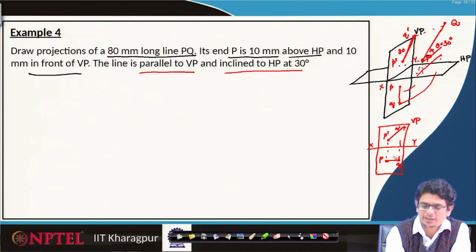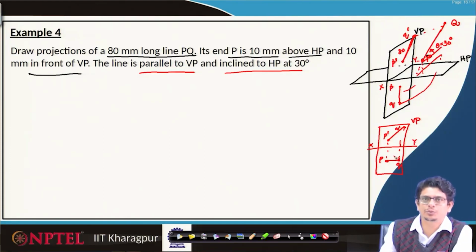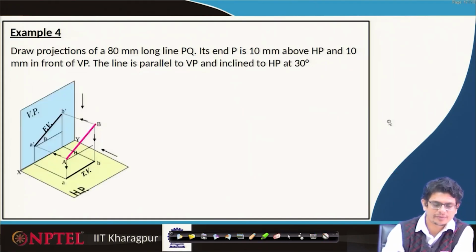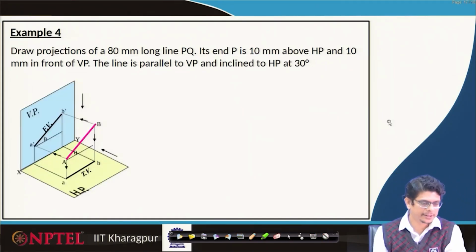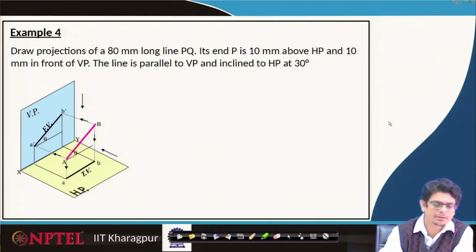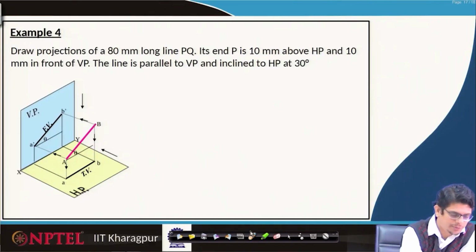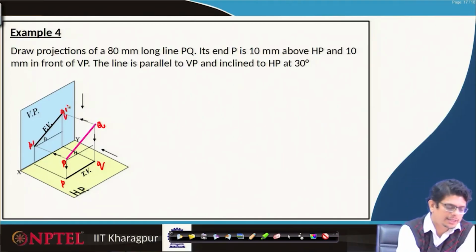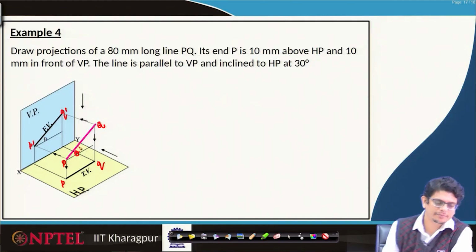So, it looks like that. This is the way the visual is supposed to look like. So, let us look at the solution. I am sorry, this point is supposed to be PQ points with P, Q, P prime and Q prime, and this angle is theta.